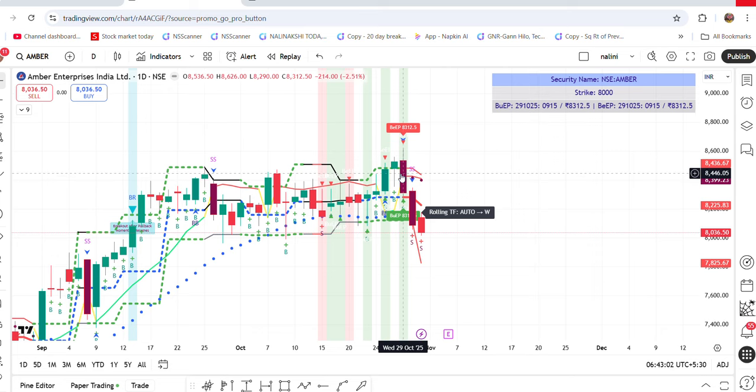Now in this, I am on the chart of this Amber Enterprises. You can see over here, after consolidation, it was a false breakout and then it started breaking down. Earnings is around the corner, around 6th of this month.